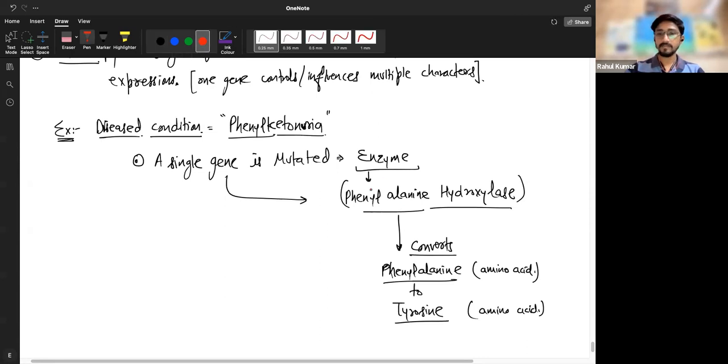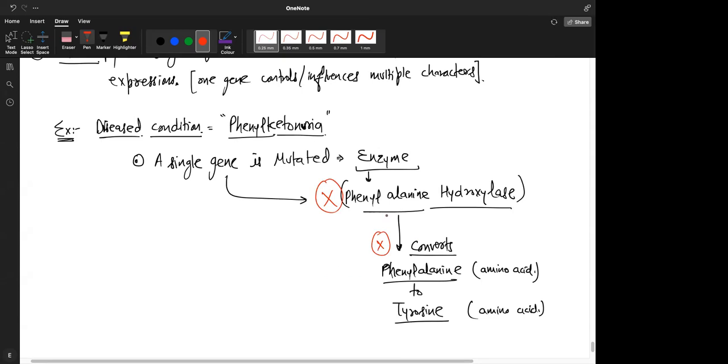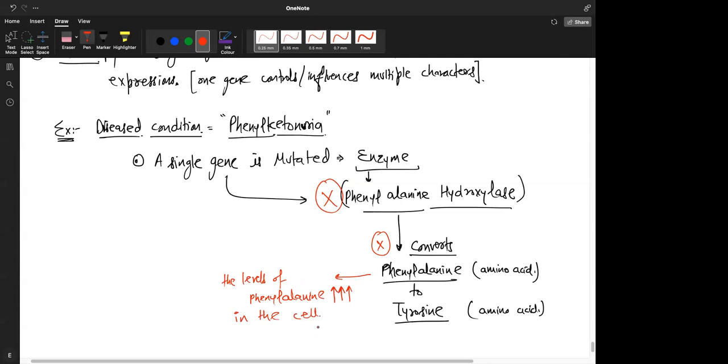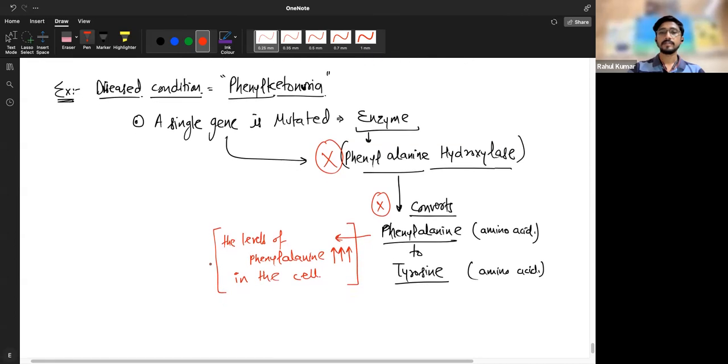Now what happens if this enzyme becomes faulty? Then this conversion will not happen, right? Yes. So the levels of phenylalanine will start rising up in the cell, right? Yes. In the body, it will start rising up. So when this happens, it cannot get converted to tyrosine.